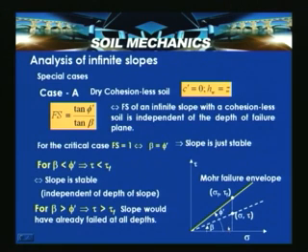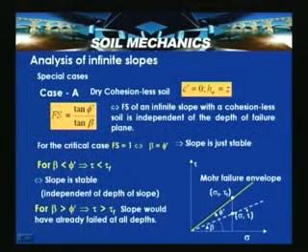For the case beta equal to phi', as we just said, tau is equal to tau_f, which means that the slope is just stable, or on the verge of failure. When beta is greater than phi', if this line crosses and is above the envelope, that indicates that tau, that is, the driving shear stress, is more than the available shear strength.